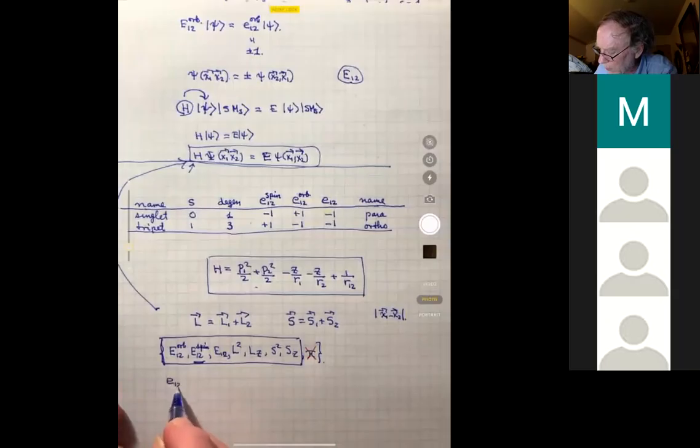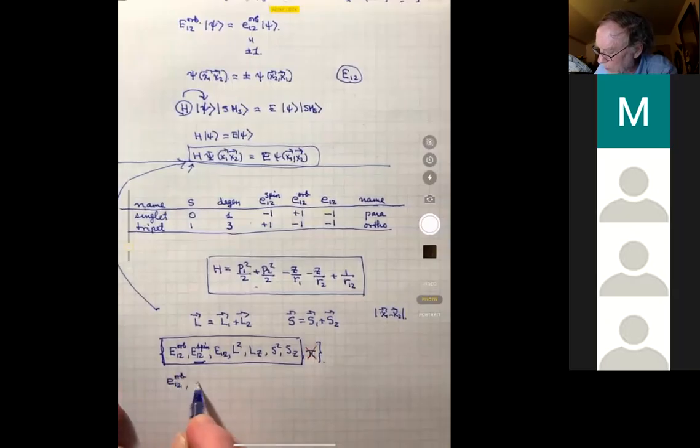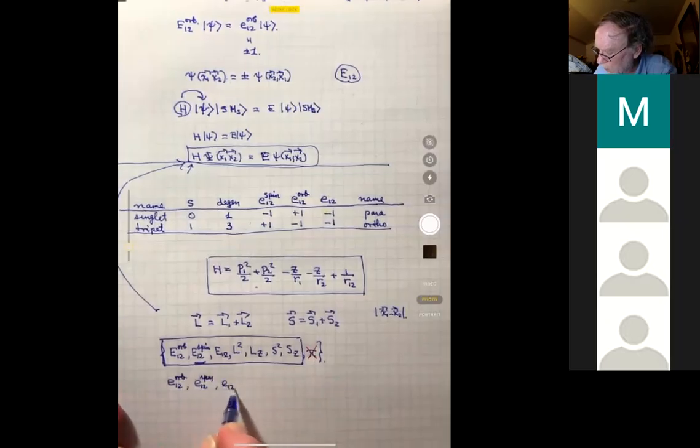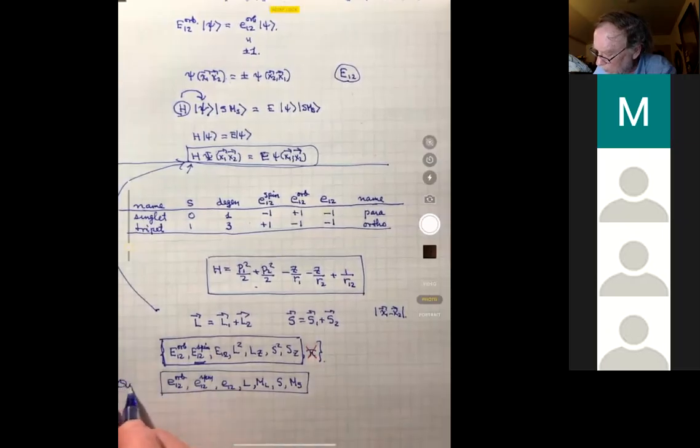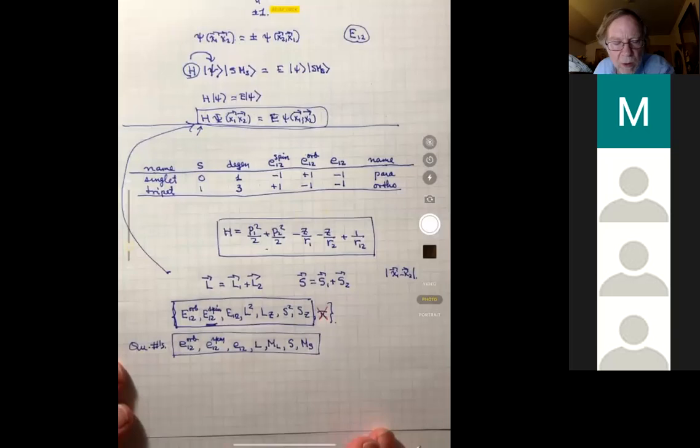We'll use a lowercase e for the exchange operators, E12 spin, total E12. Then I'll use L and M sub L for L squared and LZ, and I'll use capital S and capital M sub S for S squared and S sub Z. Let's let these be the quantum numbers here. Let's see, is this still on the page? Yes, I think so.